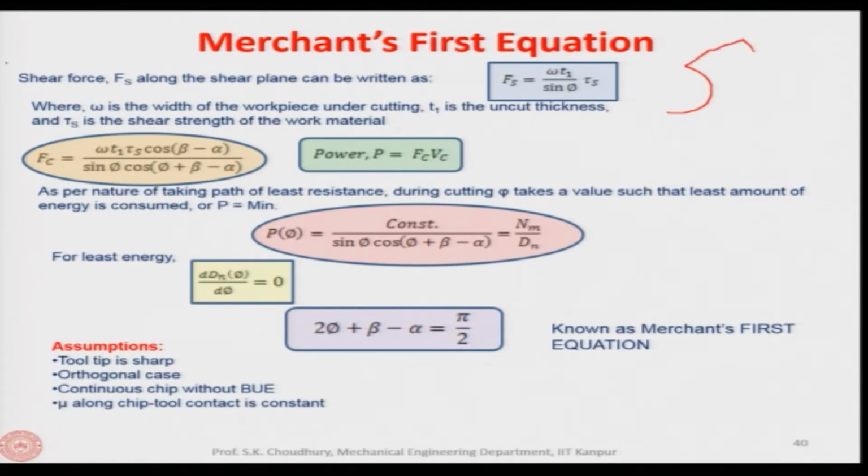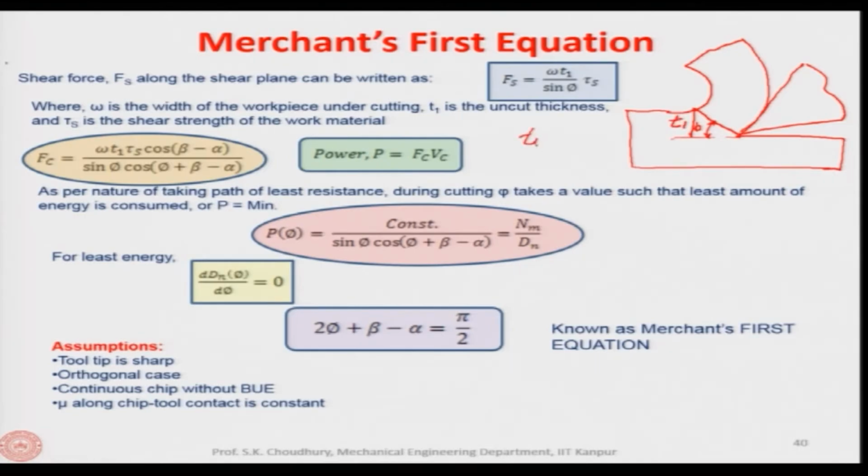For example, if we have the diagram this way, this is the shear plane, here is the tool, and this is the angle which is phi. And this one from here to here is called the uncut thickness.